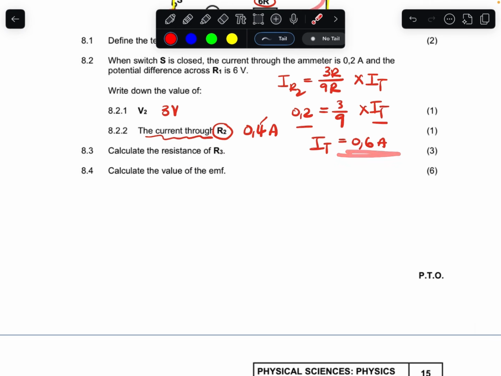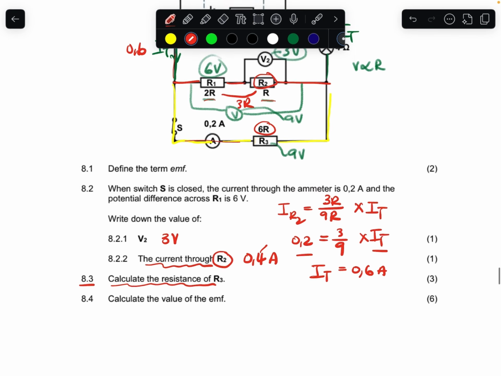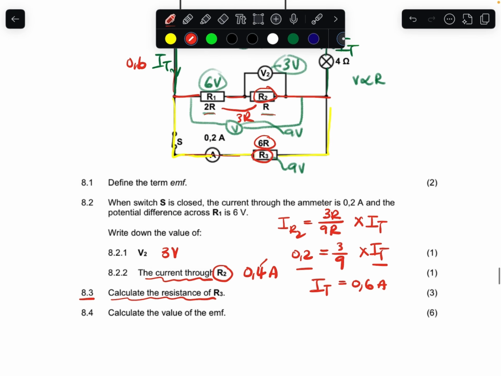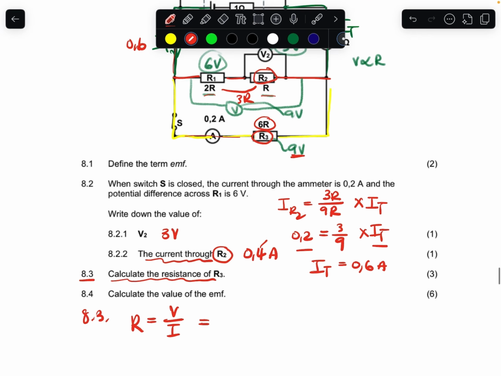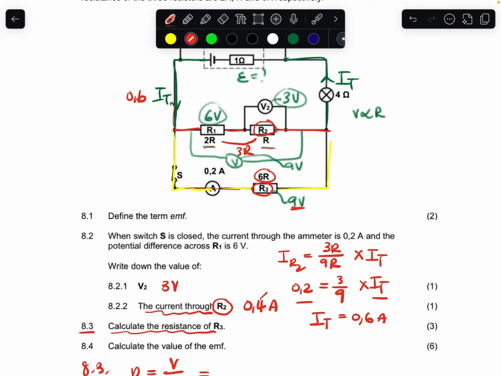Guys, if you don't understand, you don't have to. 8.3, calculate resistance R3. So we want R3. Where's the R3? It is this one. So in 8.3, we can say R is equal to V over I, right? Because we know the voltage there, remember I said it's 3 volts plus 6 volts, it gives 9.